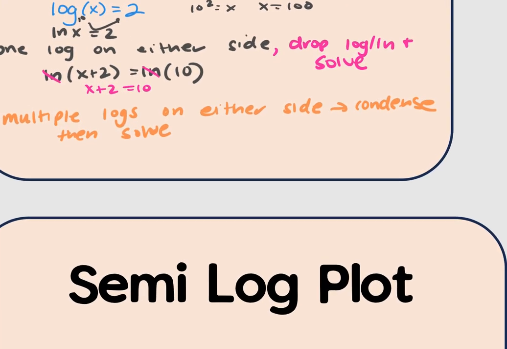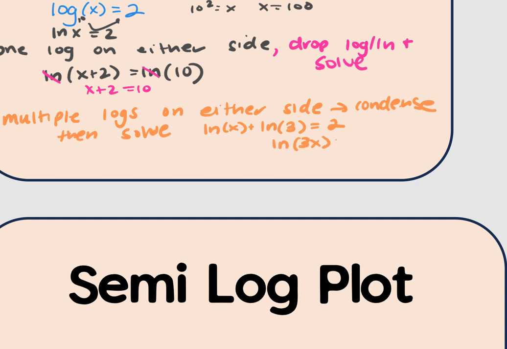So this could be like ln of x plus ln of 3 equals 2. And so I would condense the ln, it's addition, so this would become multiplication. This would become ln of 3x equals 2.